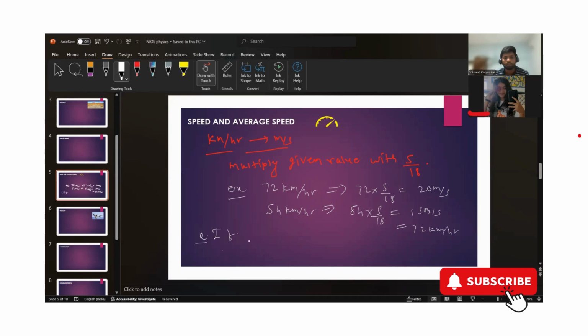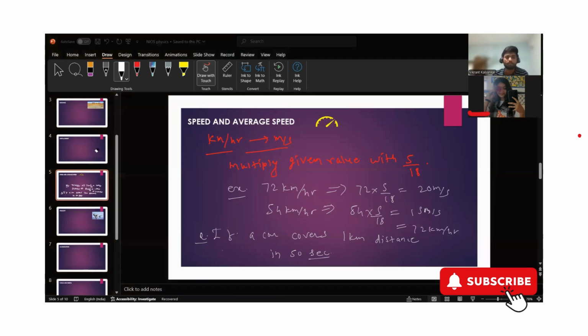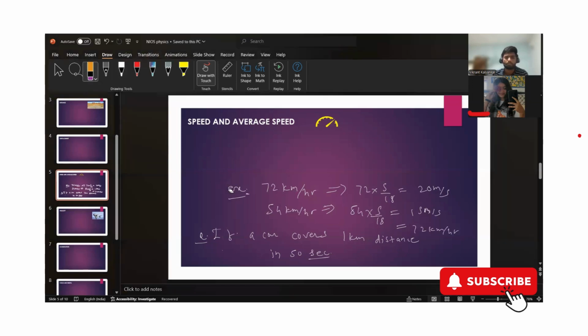If a car covers 1 kilometer distance in 50 seconds, calculate speed in meter per second and kilometer per hour. Calculate distance, right? No, calculate speed.